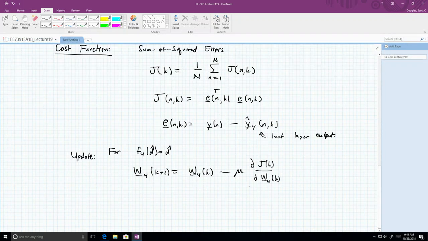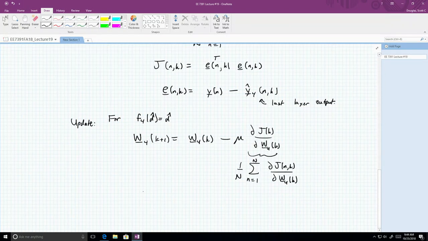And this is going to be the average of the derivatives of the J of n, k with respect to W4 of k. And the derivative of J of n, k with respect to W4 of k is equal to, I had motivated that it makes it E of n, k times x4 transposed of n. That's that particular outer product. And there's a minus sign there because there's a negative.